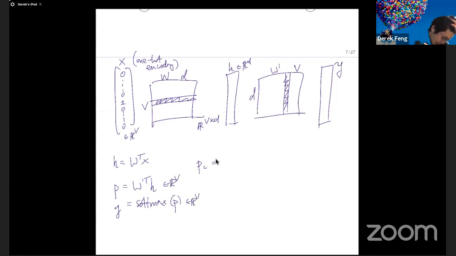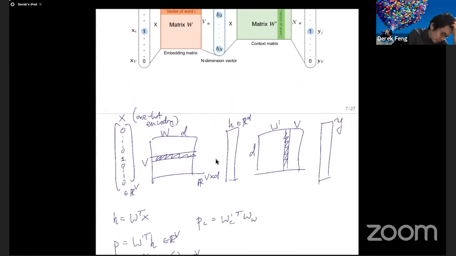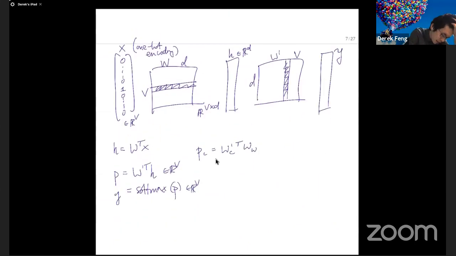The Cth entry of P is actually just going to be W_C transpose W. So what I'm doing here is I'm trying to calculate C given W.